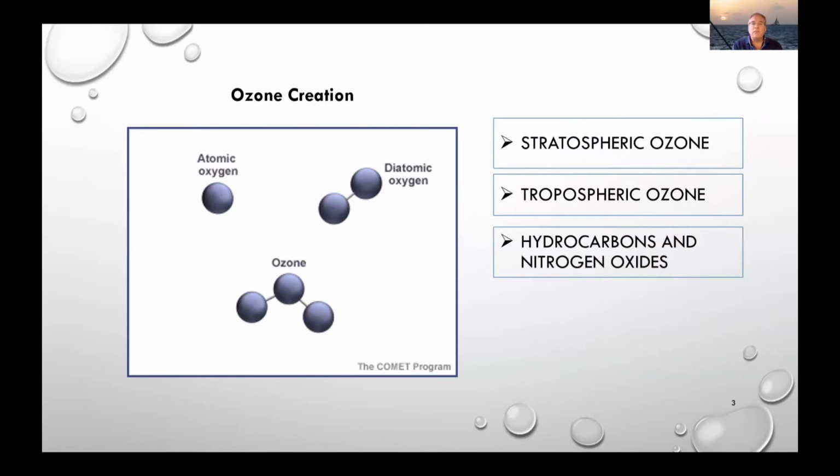Ozone forms under certain conditions. It readily forms in the presence of hydrocarbons and nitrogen oxides. And it also can be produced with a coronal discharge tube, for instance, in NOx instruments.